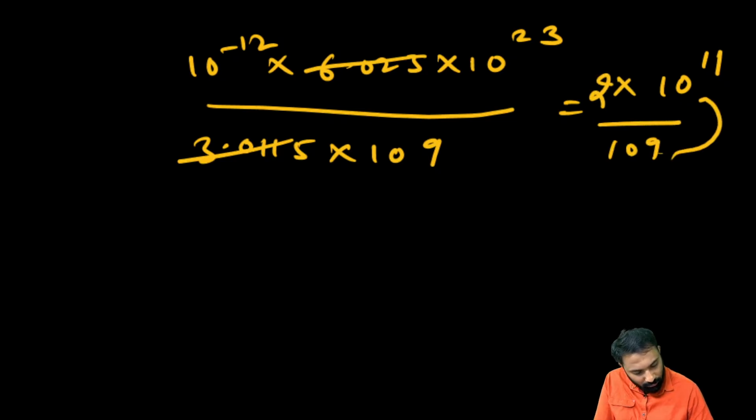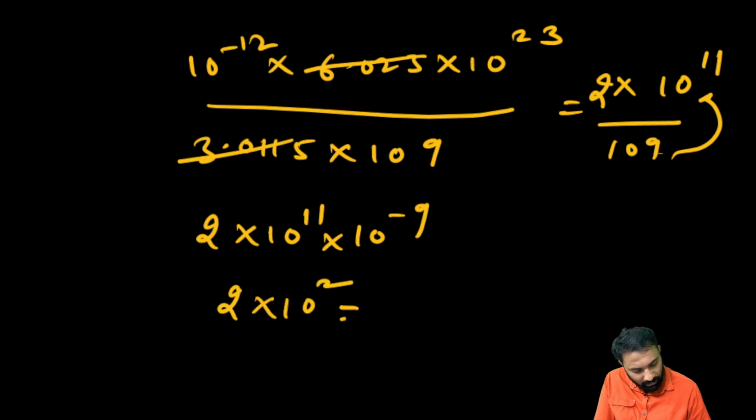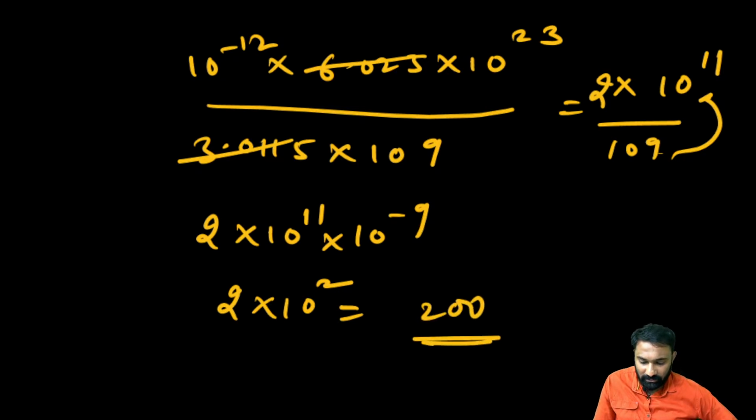If you take it to the numerator, it will give you 2 into 10 to the power 11 into 10 to the power minus 9, which gives 2 into 10 to the power 2. That is 200 only, right? Why are you getting confused? Simple mathematics. Just eliminate the powers, then cross check the remaining.